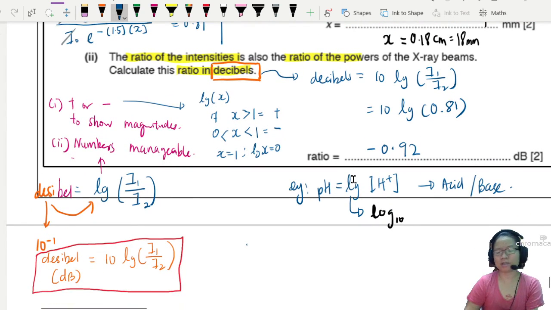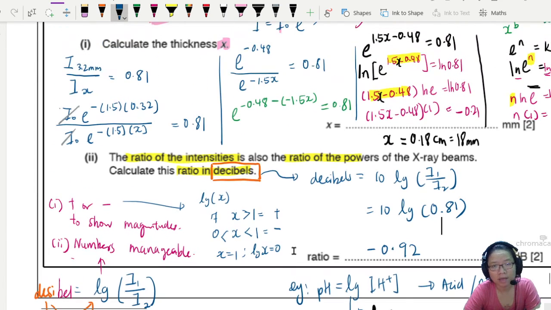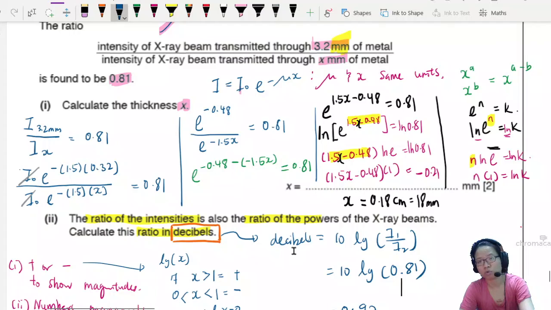All right. So the purpose of introducing decibel to you is, sometimes if they ask you to calculate the ratio of decibel, you will use this relationship: 10 log ratio of intensity. 1 bell is log I1 over I2. Deci is 10 to the power of -1, like decimeter, centimeter. The log scale is something that you may have used in science previously, and this question is just using the attenuation equation.